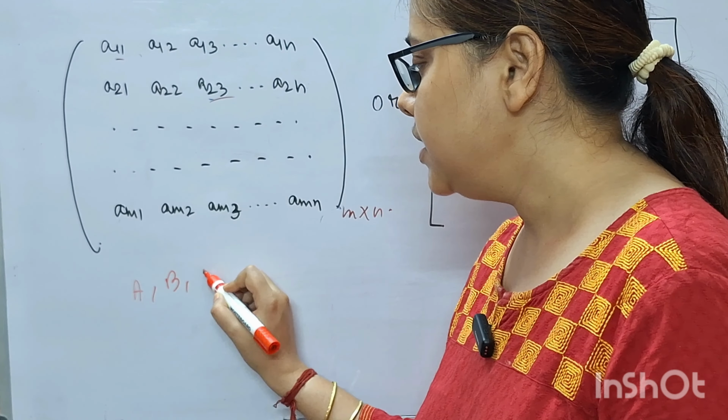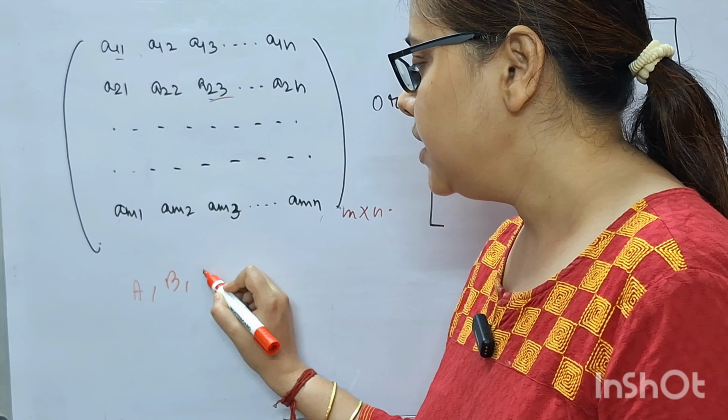So if you are asked to find A plus B, then the answer will be like that: A plus B does not exist because A and B are of different orders. So in order to get A plus B, A and B should be of the same order. This is the first condition to get A plus B.